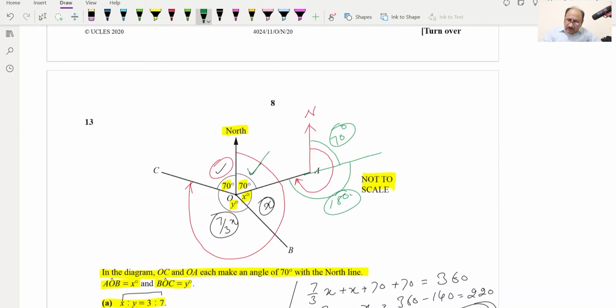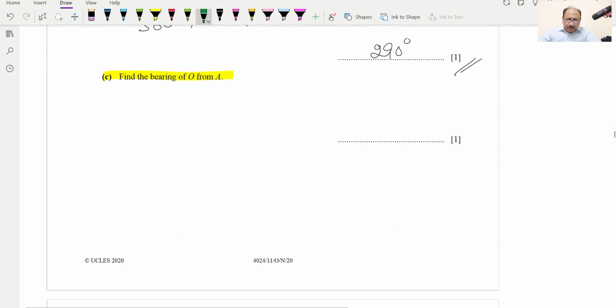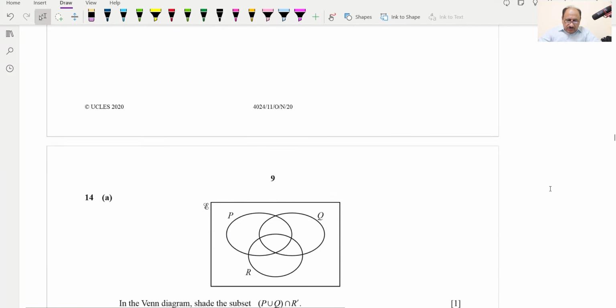We can add 180 and 70, so it will be 180 degrees plus 70 degrees, which is equal to 250 degrees, and 250 degrees will be our final answer for this one. Hopefully you understood this.